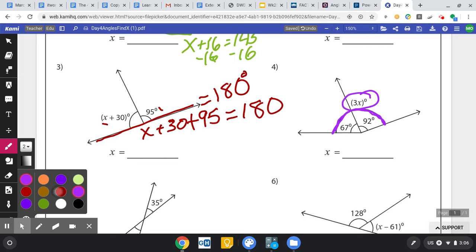But what they do tell you is that this one angle is 67, and this angle is 92. So when we make our equation, it should be that my 3x equals whatever 67 plus 92 is. Then add your like terms, and the opposite of multiplication is division.